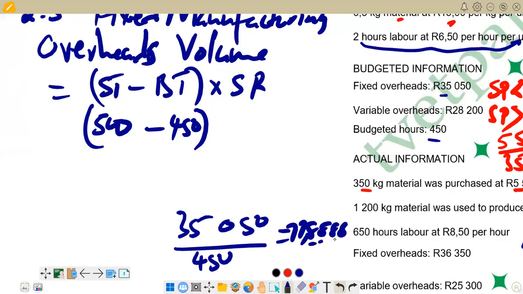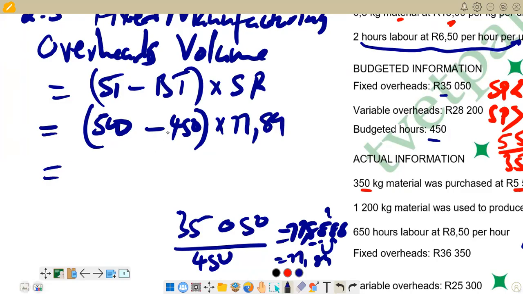We need to reduce to 2 decimal places, so we round the 8 up to 9, and it becomes 77.89. Now you subtract 500 minus 450 and get 50 here. Then you multiply by 77.89.